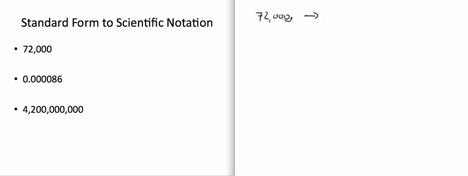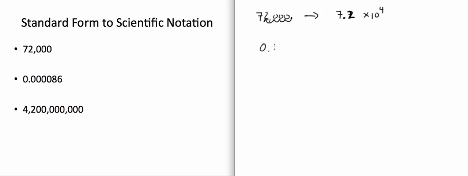So we move it 1 spot, 2 spots, 3 spots, 4 spots. That gives us our new number, 7.2. We times that by 10, and since we moved the decimal four times, our exponent becomes 4. We moved it to the left, so it's a positive 4.